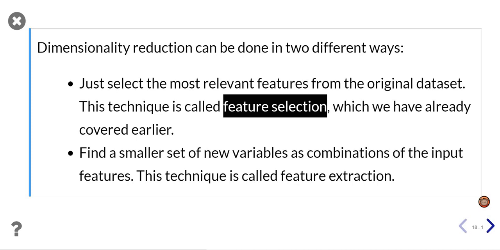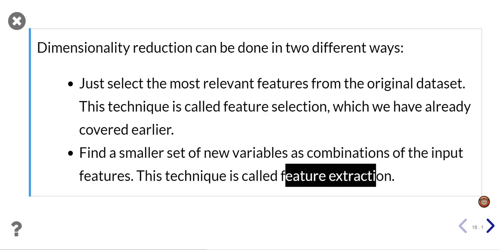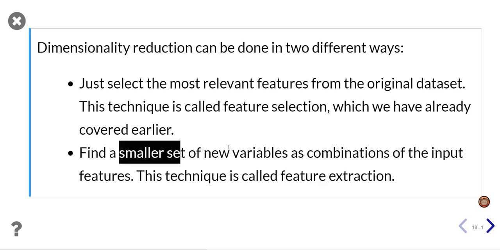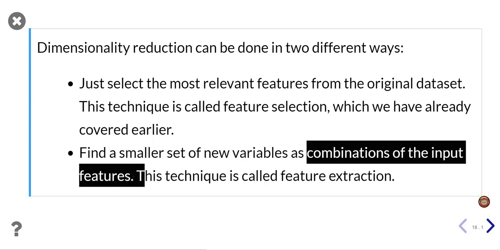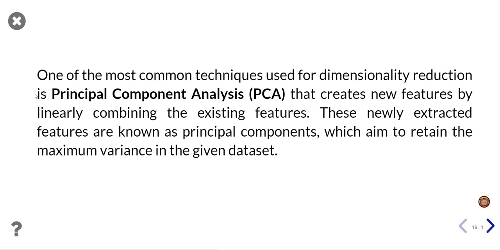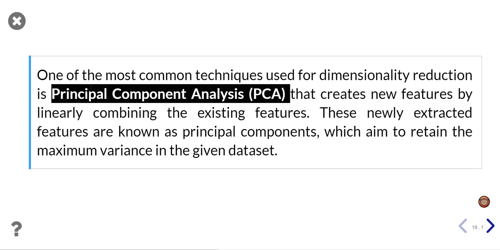So you may have 10 features, out of it you may select 7. Another way is known as feature extraction, and this one creates a new, smaller set of new variables, which is a combination of all the input features. This is very, very important for you to know what principal component analysis is. So this is what feature extraction is known as.